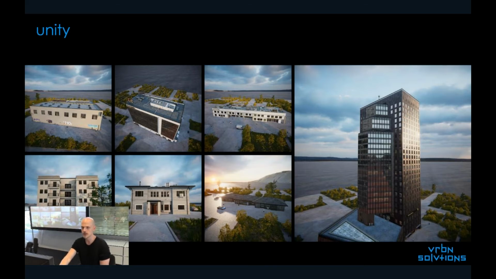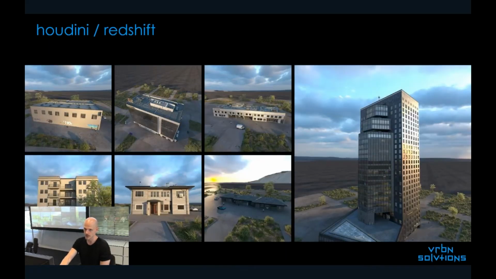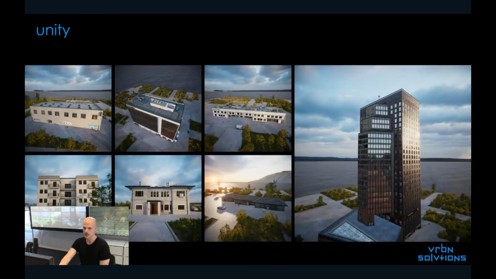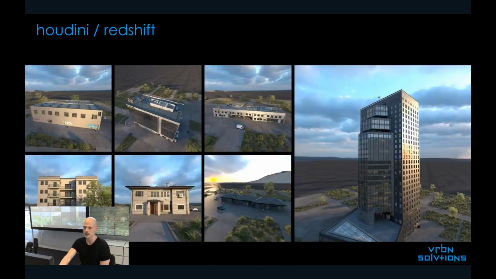And so at the moment, what we see here is just a couple of buildings that I picked from the documentation of the Unity importer, or the Unity representation of the building. And then I'm going to go one slide further, and there's exactly the same thing for Houdini with Redshift. So I'm going to jump back and forth, and you will see that it's exactly the same building.